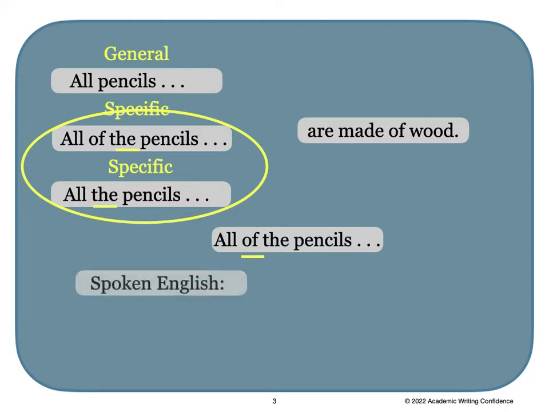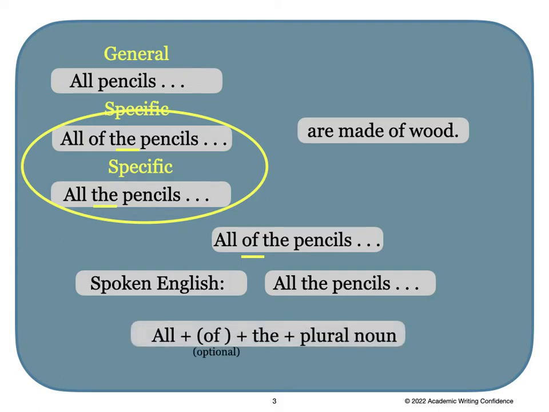But in spoken English, we often leave the word of out of this phrase, and we just say all the pencils. Now, both of these are used in English. However, in written English, the first form with the preposition of should be used. So again, in spoken English, we can leave the preposition of out of this phrase, but in written English, we must include it to be grammatically correct.